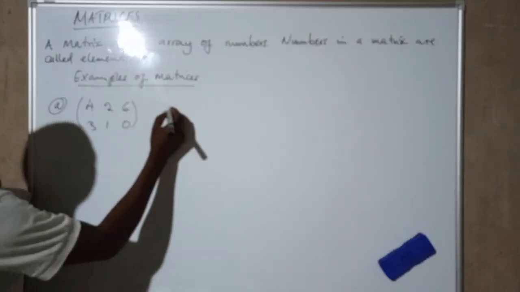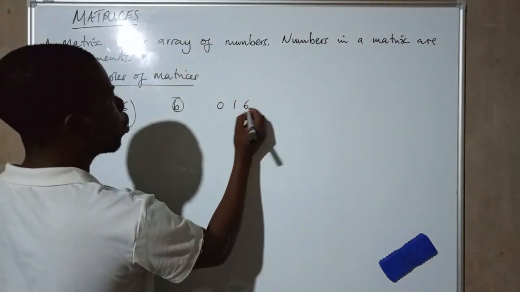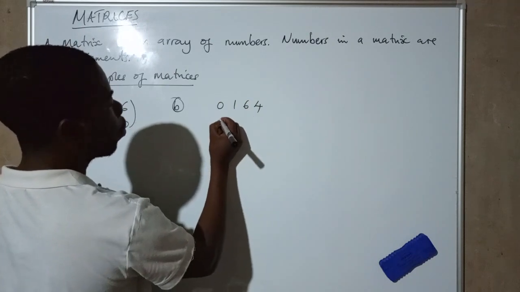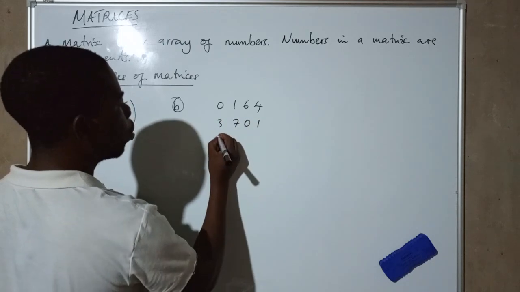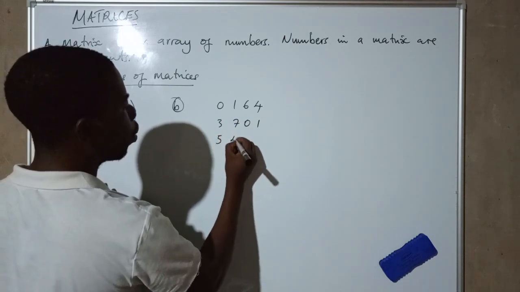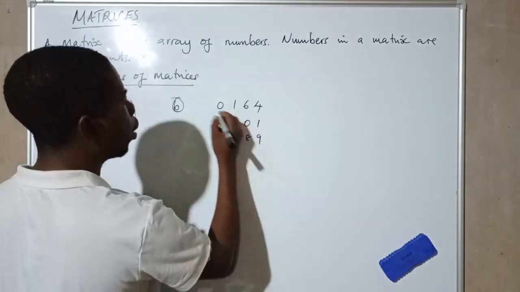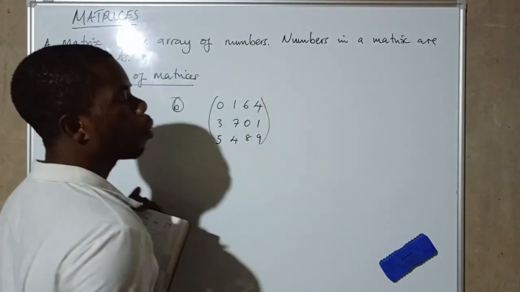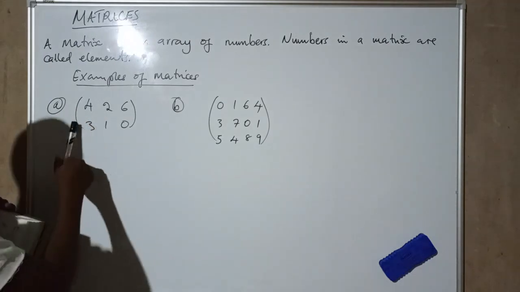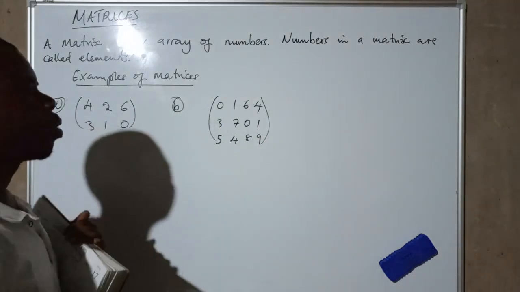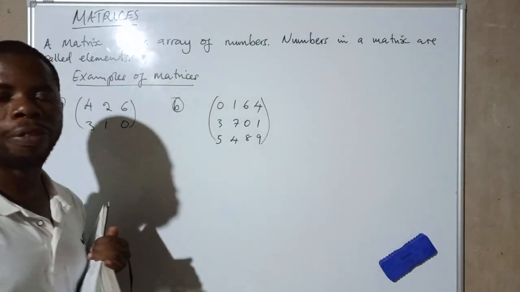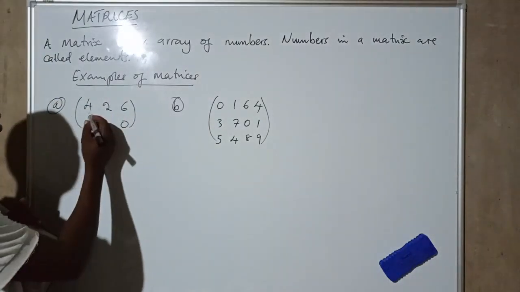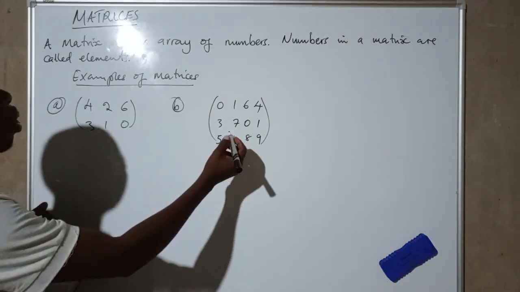Then I have B, maybe 0, 1, 6, 4, then 3, 7, 0, 1, then 5, 4, 8, 9, like this. This one also is a matrix. So these two are examples of matrices because they are an array of numbers or an arrangement of numbers.